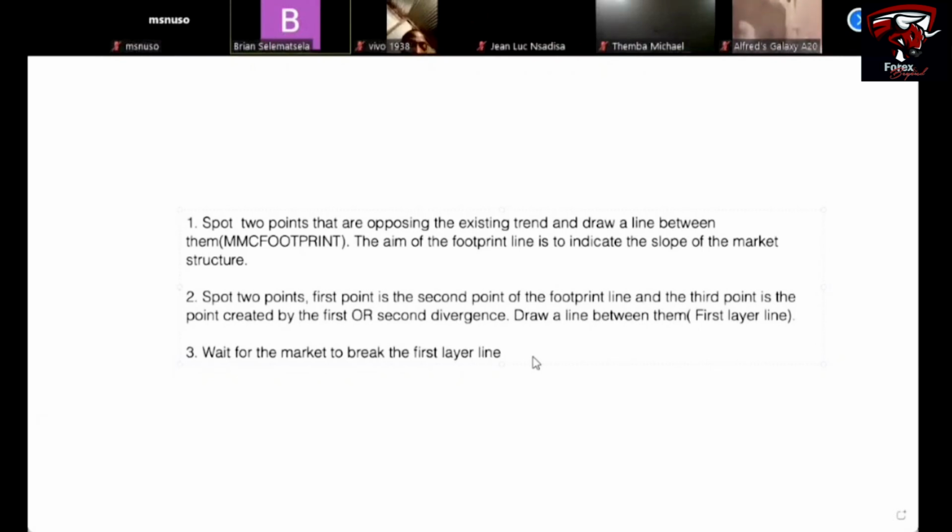The reason you have to wait for the market to break the first layer line is because we want to be convinced that the market is about to go into the opposite direction.